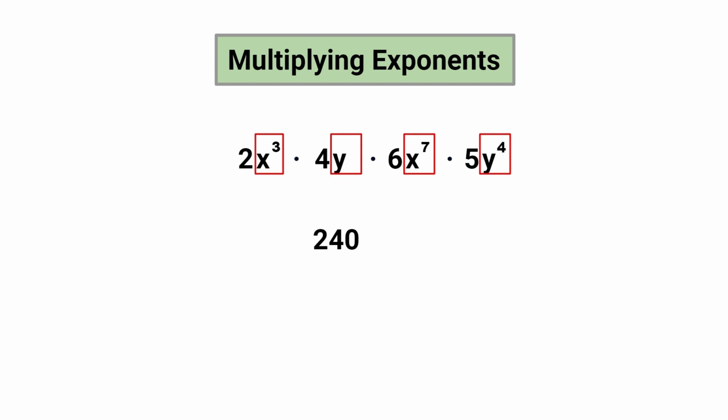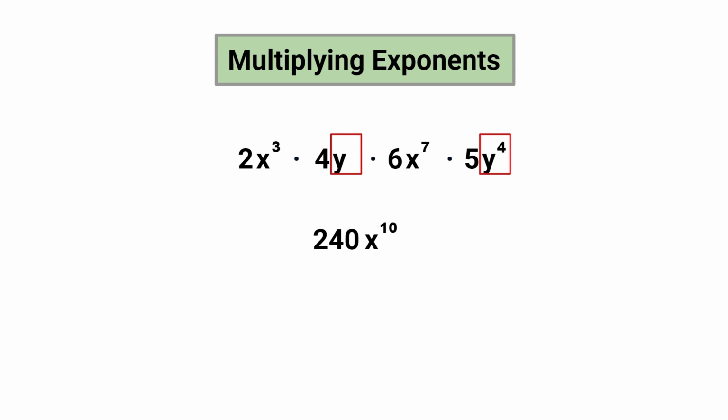So that is x to the third power multiplied by x to the seventh power. And remember, since we're multiplying several copies of the same base, which is x, we can simply write one term with the base x and take both exponents and add them together. So I'm going to add the exponents 3 and 7, which equals 10.